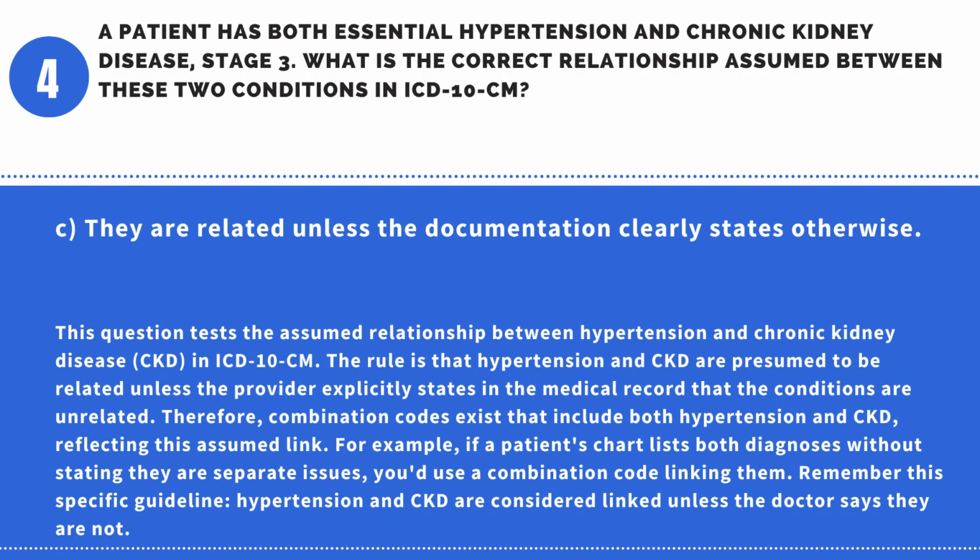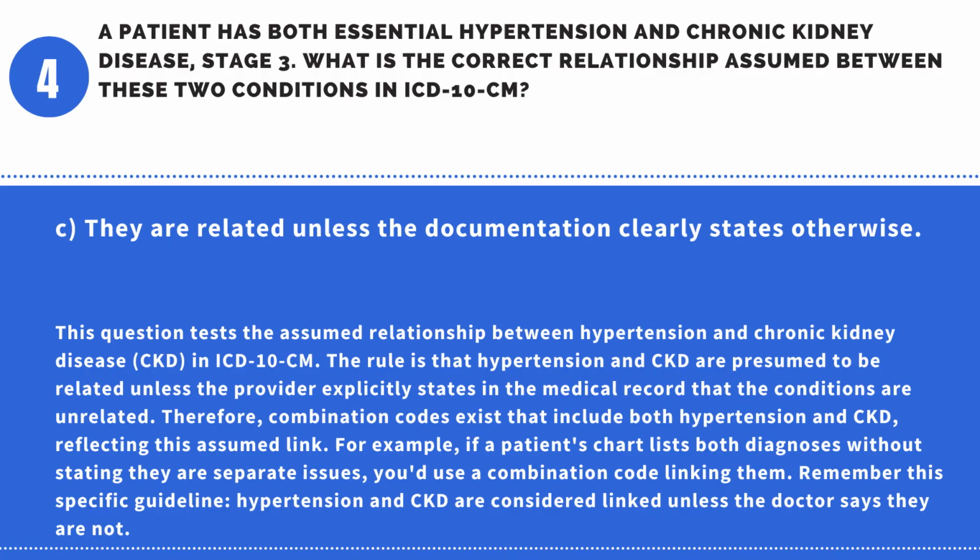Answer, C. They are related unless the documentation clearly states otherwise. This question tests the assumed relationship between hypertension and chronic kidney disease, CKD, in ICD-10-CM. The rule is that hypertension and CKD are presumed to be related unless the provider explicitly states in the medical record that the conditions are unrelated.